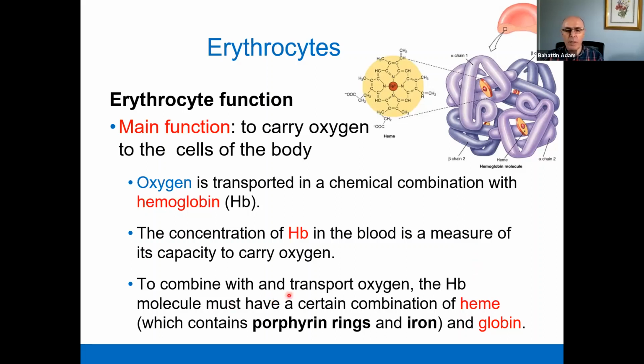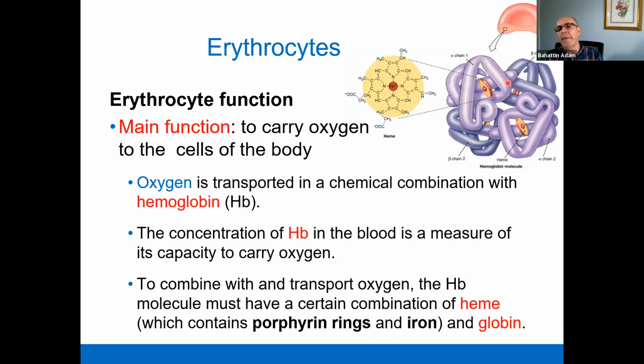Now, hemoglobin is combined with the oxygen. Okay, I'm going to show you later. And it is a combination of heme, which includes porphyrin and iron, and globin. As you see here, there are two different structures.